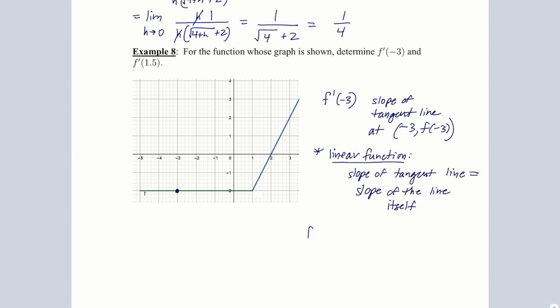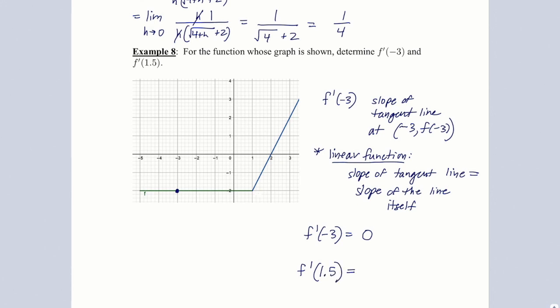So for f prime at -3, I'm just thinking, well, what's the slope of that greenish line? And that slope should be 0 because the y values are not changing. So change in y is 0. So the slope for that line is 0. And then we're also asked to find the slope or the derivative at 1.5.